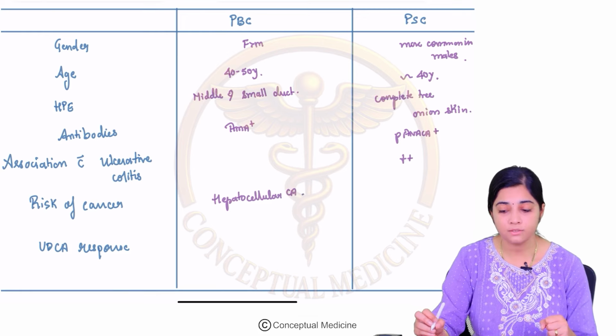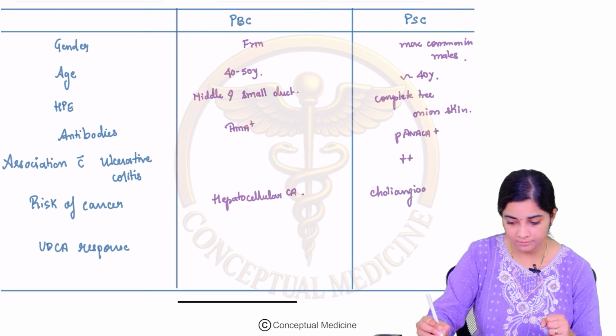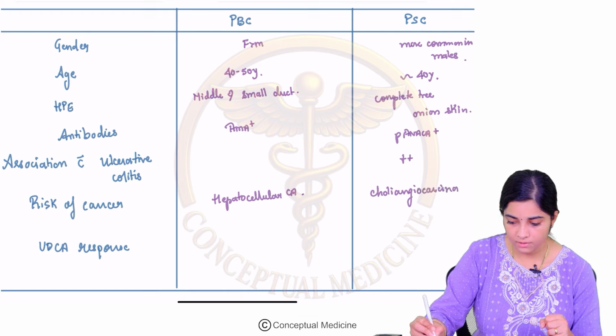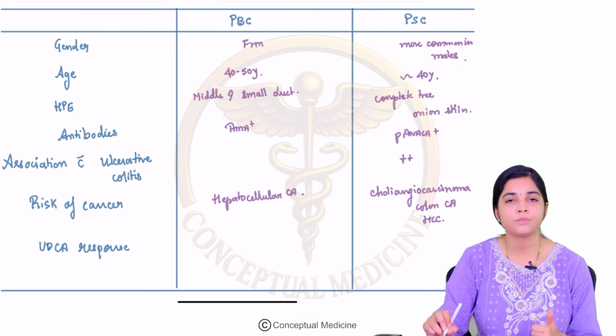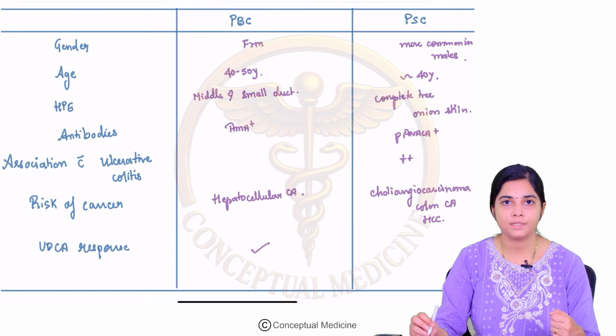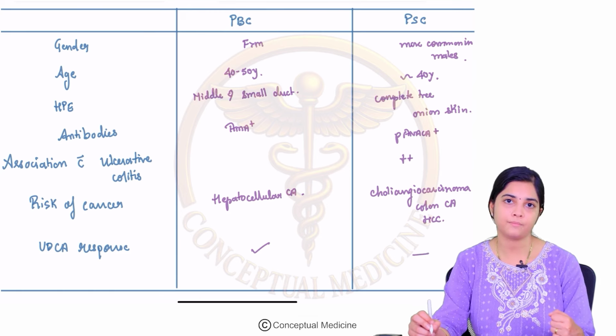In primary sclerosing cholangitis, it is more commonly cholangiocarcinoma. Apart from that, you can have colon CA, you can have HCC as well. Which is more responsive to ursodeoxycholic acid? It is your primary biliary cirrhosis, whereas your primary sclerosing cholangitis is not so responsive to UDCA.